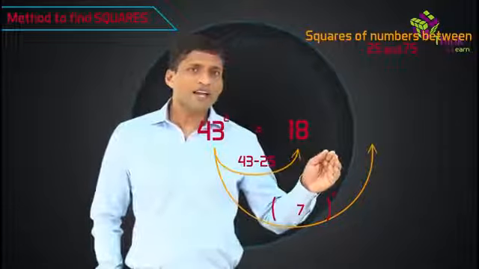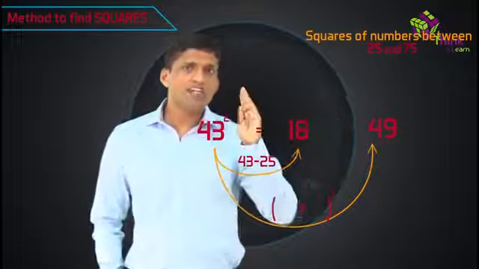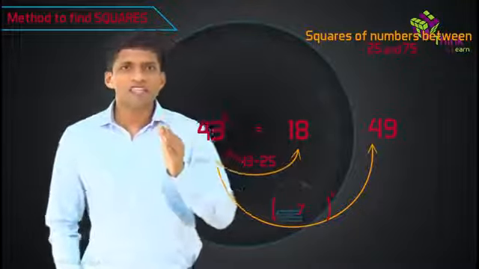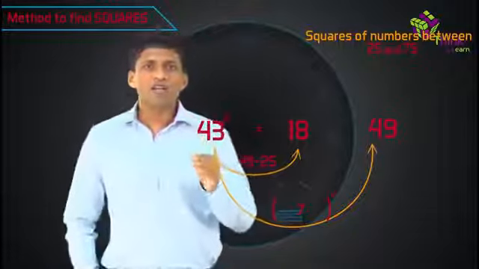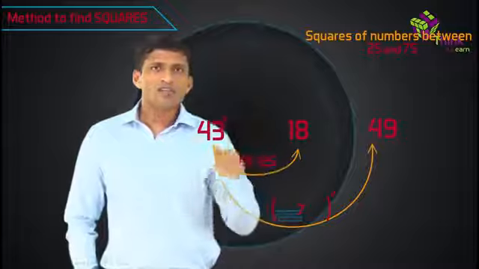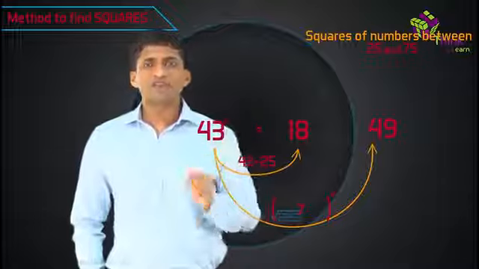You take the square of that. So you get 49 as the last two digits. So what is 43 square? 18, 49. Very simple, right? This is the easiest method for writing down squares, and I'm sure by this time, if you understand this method, all of you know all the squares of numbers up to 75 square.